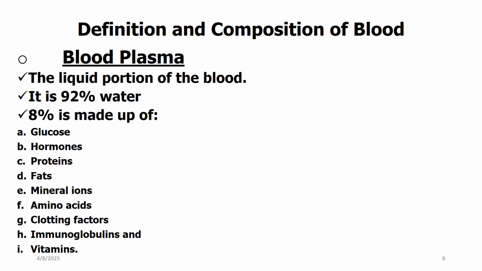It is composed of 92% water and 8% of other components, namely glucose, hormones, proteins, fats, mineral iron, amino acids, clotting factors, immunoglobulins, and vitamins. So you can see that even though it is 8%, it is very weighty in terms of composition.